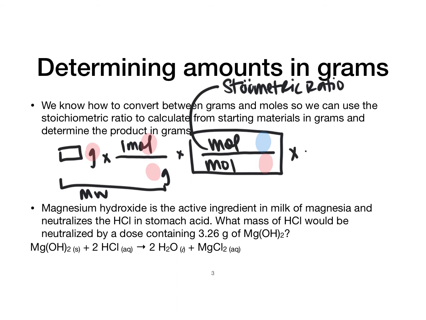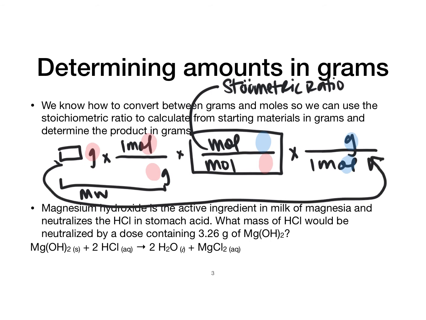And then we could again use the molecular weight of 1 mole in grams of both of the blue compounds to where we can now directly convert through a very long process to go from grams of one all the way down to grams of the other. And so we can do this with skills we already know, being able to convert grams to moles, and we're just going to add in the stoichiometric ratio. These are the big numbers in the front of a balanced chemical equation.